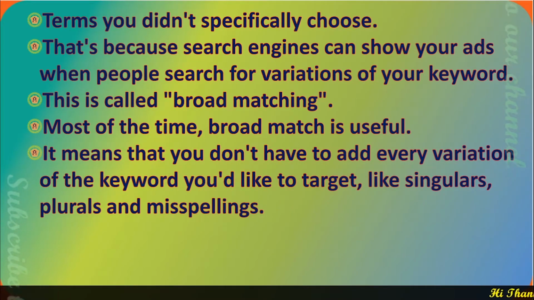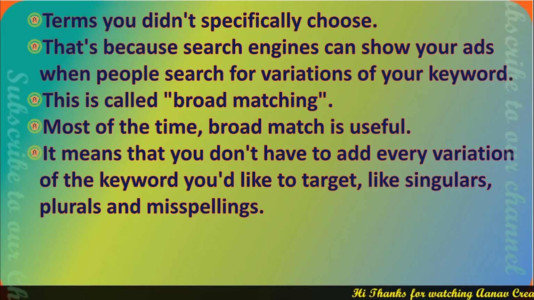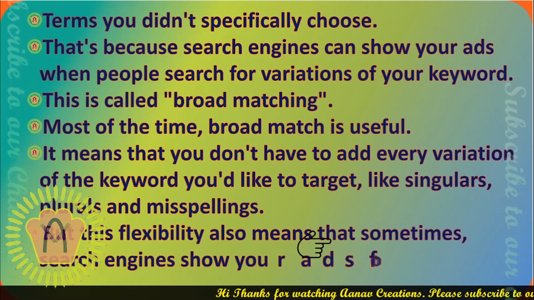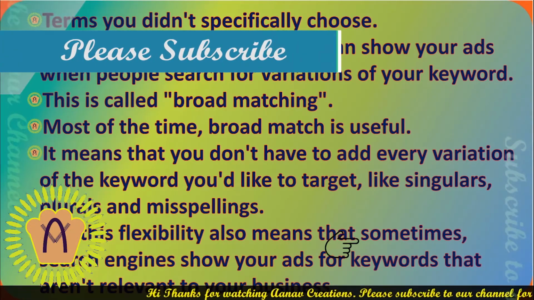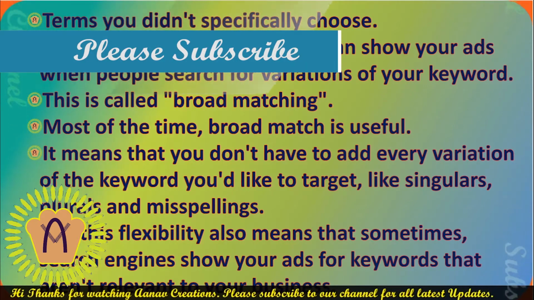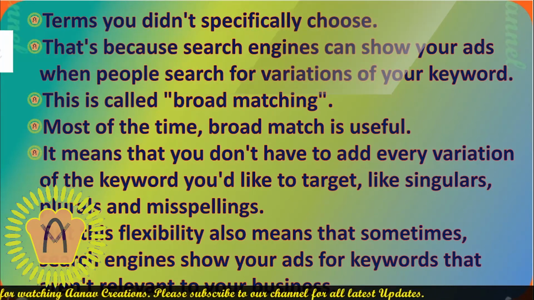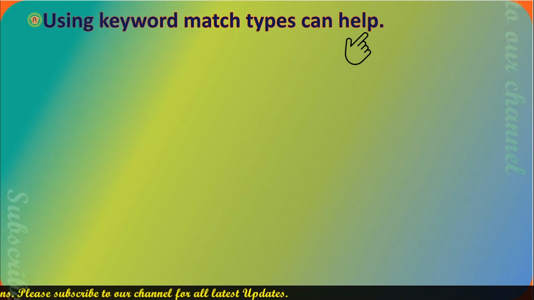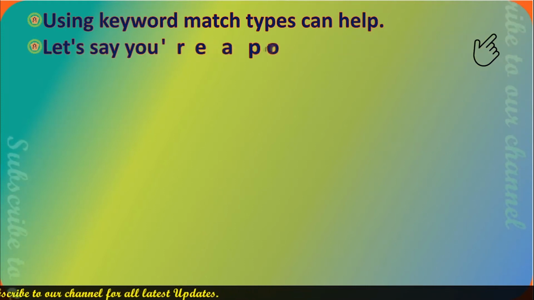It means that you don't have to add any variations of the keyword you'd like to target, like singulars, plurals, and misspellings. But this flexibility also means that sometimes search engines show your ads for keywords that seem relevant to your business, but are not actually. Using keyword match types can help.